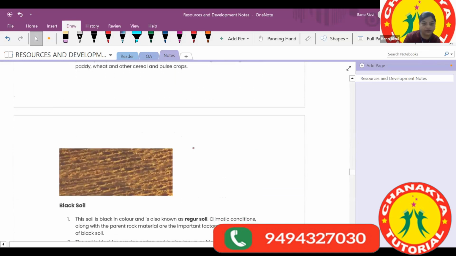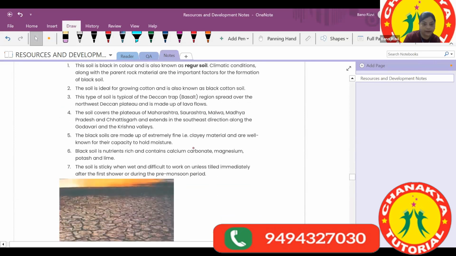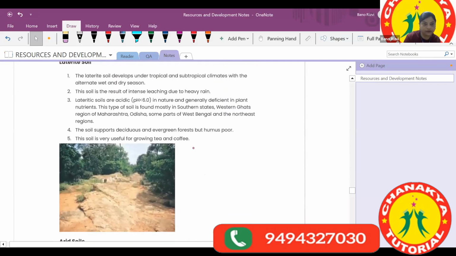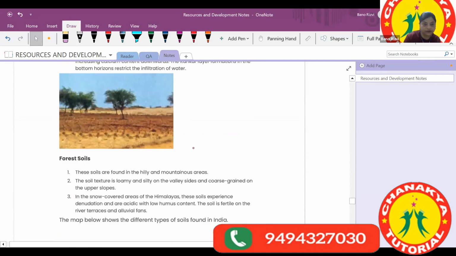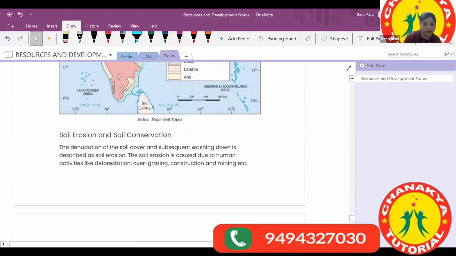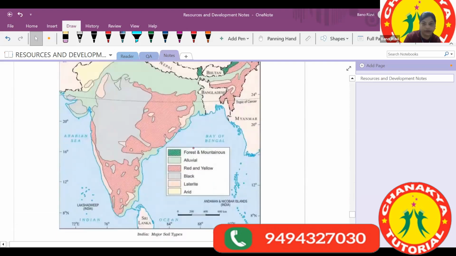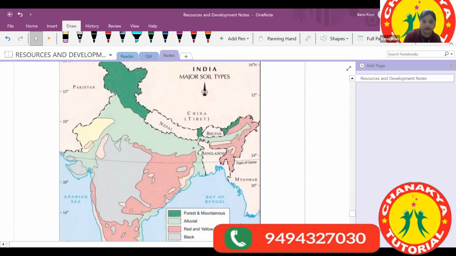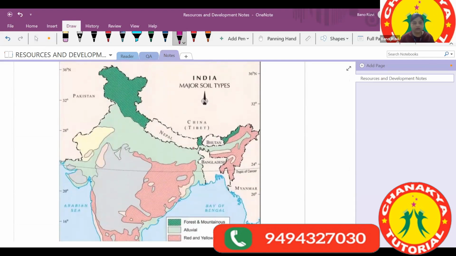I will send you these notes. Now these are all details of the soil. Arid soil is there, forest soil. Now this map, like I told you, you might get this map in the exam. You have to mark where the alluvial soil is.